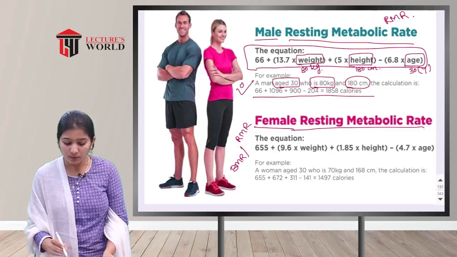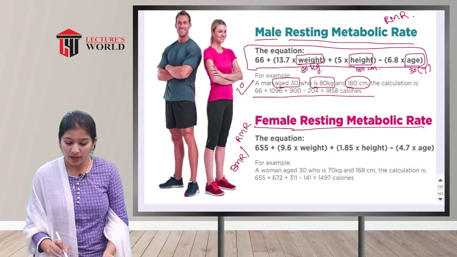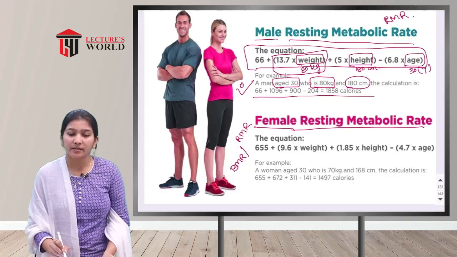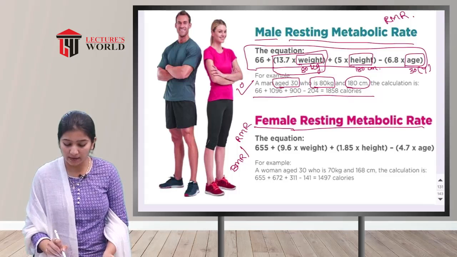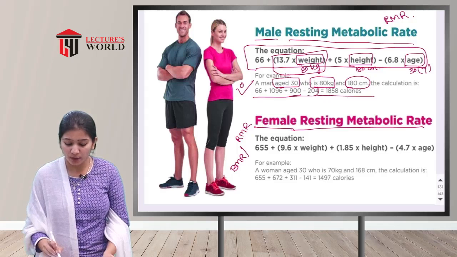So 66 plus 1096, which is 13.7 into 80 kg, plus 900, that is 180 into 5, minus 6.8 into 30 years, that is 204.